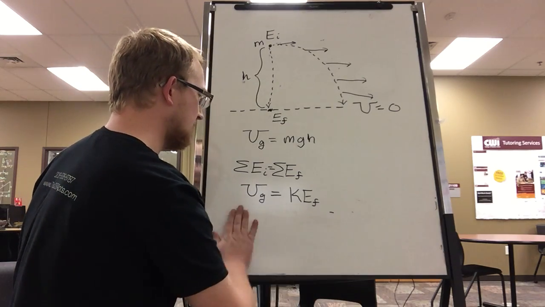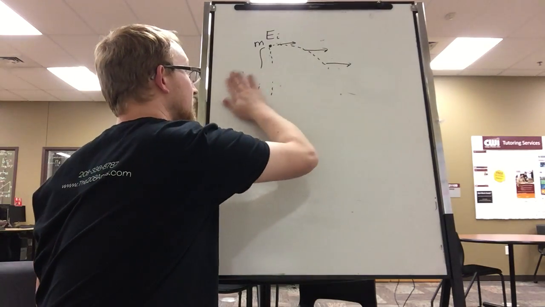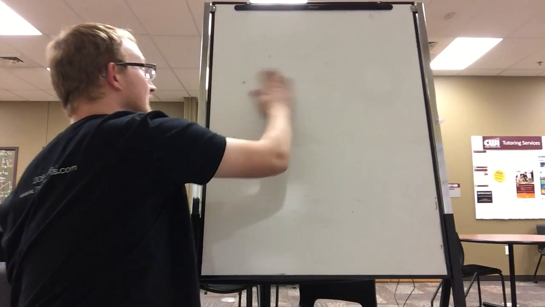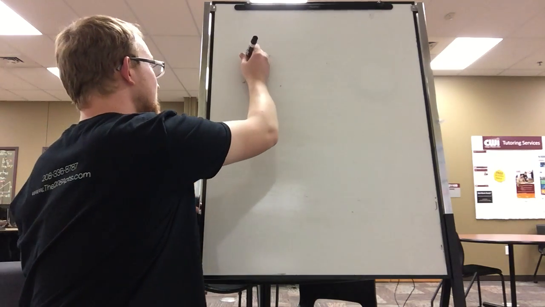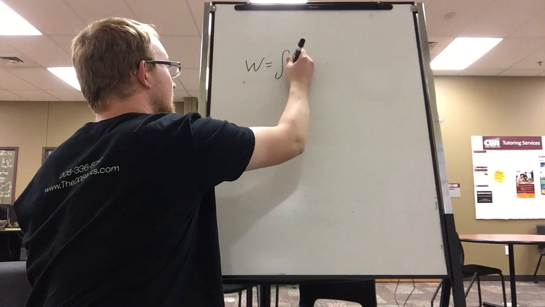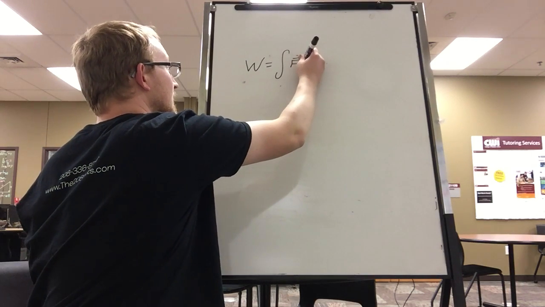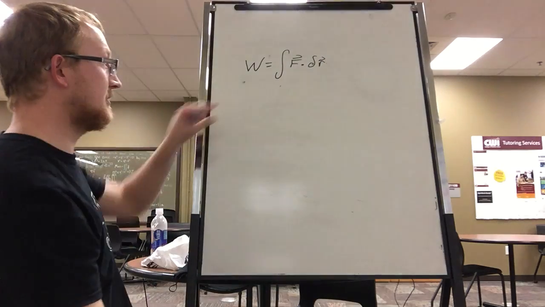So let's take a look at some other forms of energy. For example, spring energy. And let's go ahead and look at the definition of work as well. So in Physics 211, the primary definition of work is going to be the integral of the force dotted with the infinitesimal segment.